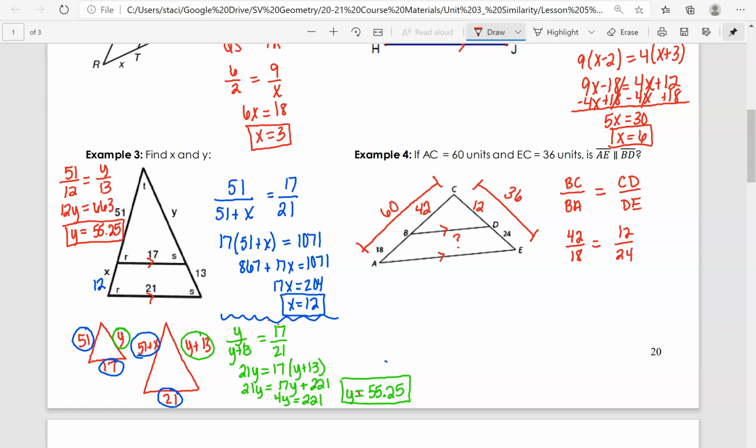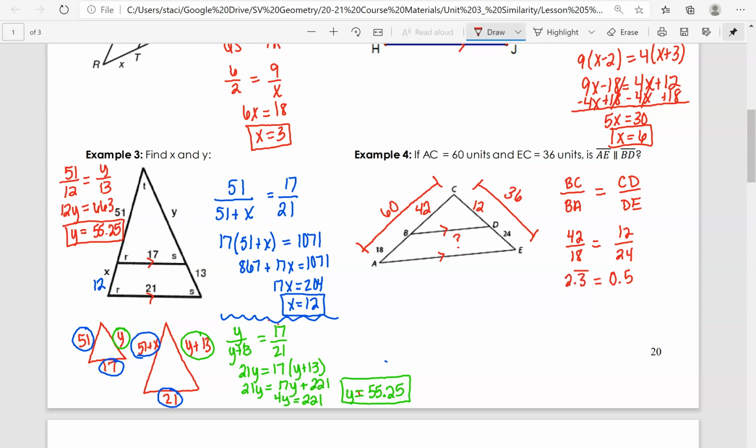And so the first thing that comes to my mind here is how on the left side, I have 42 divided by 18. And so that number is going to be bigger than 1. And then I see I have 12 divided by 24. And I know 12 divided by 24 is a half. And if I do 42 divided by 18, I get 2.3 repeating.